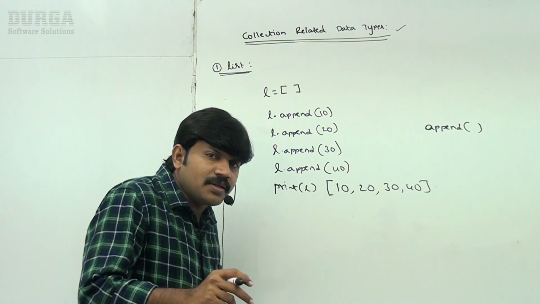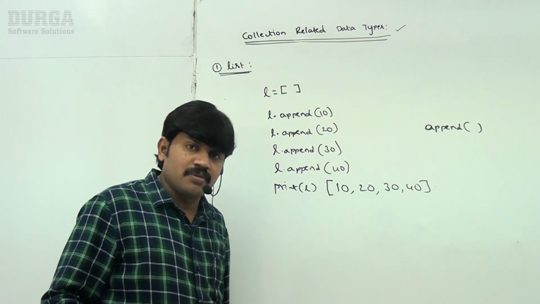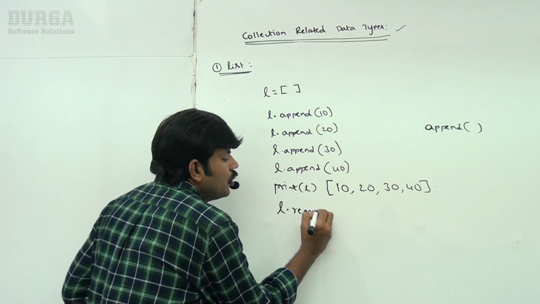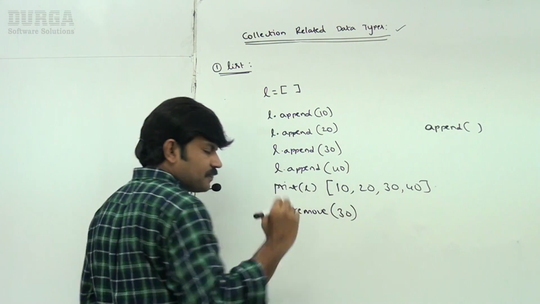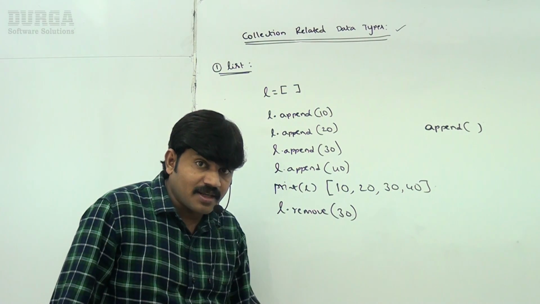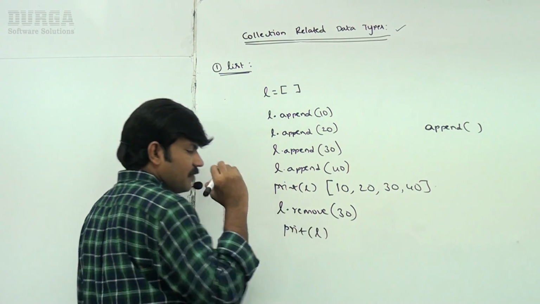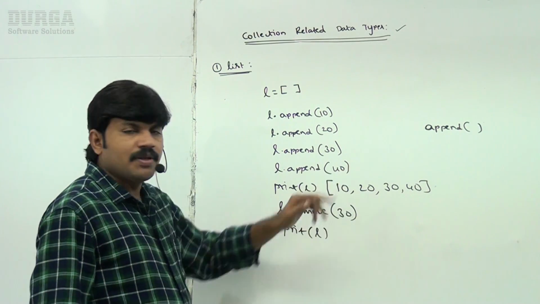Next, you can remove an element also. L dot remove of 30, I am taking. Now observe print of L. Now 30 will be removed.